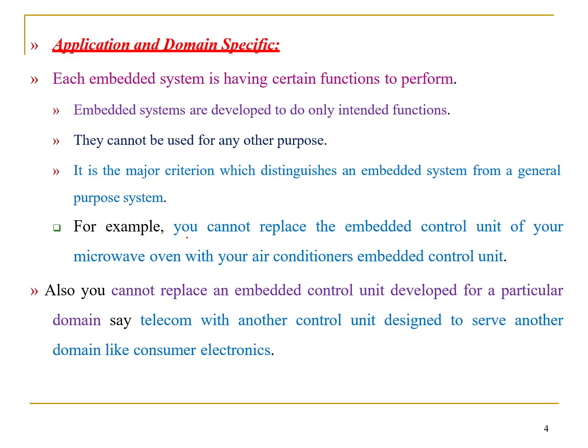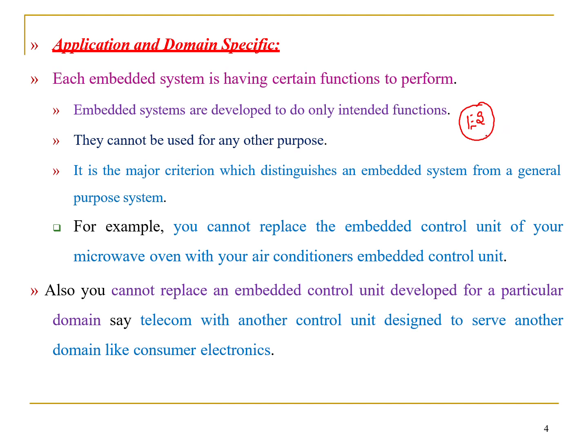The first one is application and domain specific. If you have designed an embedded system, it will have its own application and it is going to work in its own domain. This embedded system cannot be used for another application or in a different domain. For example, if you have designed an embedded system for the communication domain, you cannot use it for a music domain.